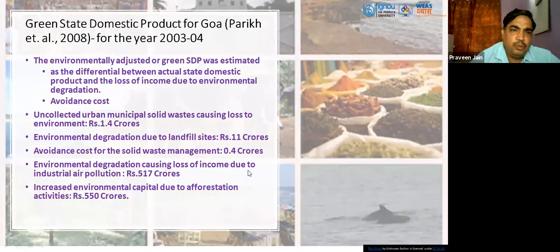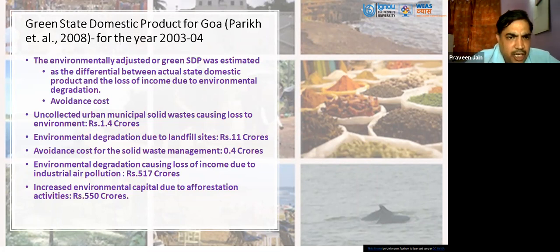And one example of this green accounting, or inclusion of the environmental factors or natural resources in the GDP, is a study by Parikh et al. in 2008. They measured the green state domestic product for the years 2003 and 2004.